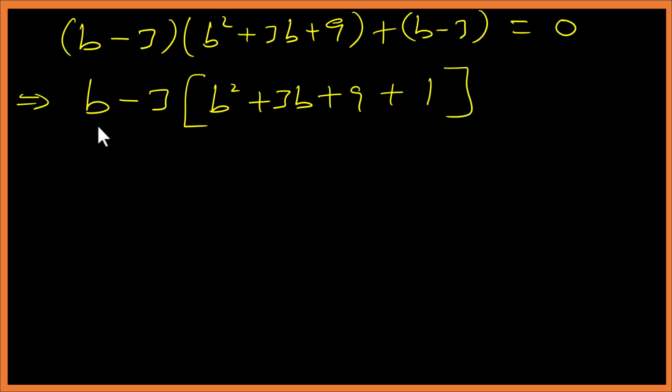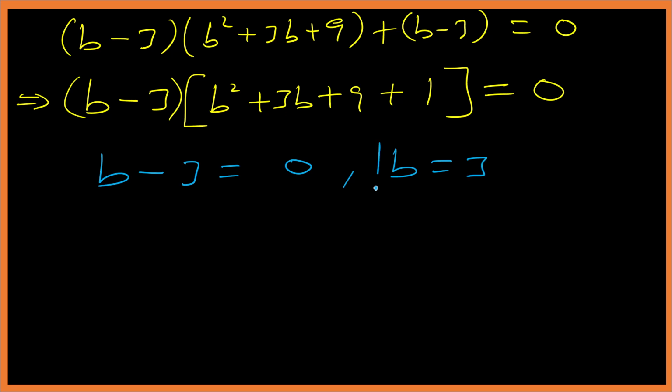Now going back, this one will multiply that to get this, and it will multiply the 1 here, so plus that equal to 0. All right, now we have b minus 3 equal to 0, therefore b is 3. So the first answer for the question is 3.